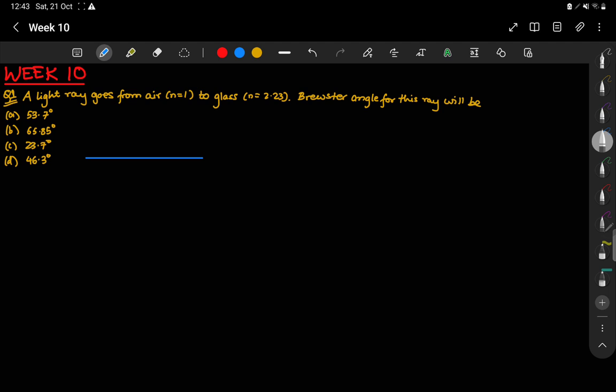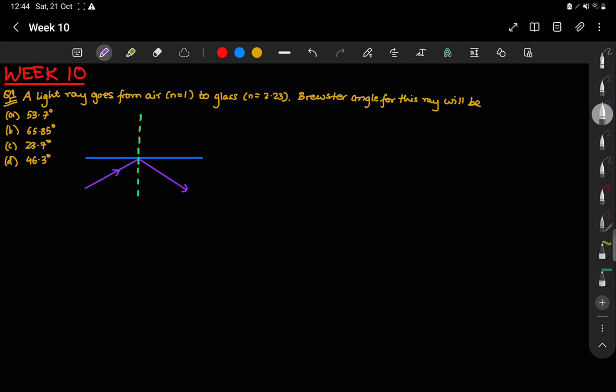So this is the interface, and then we have a ray coming in, then we will have a normal to this ray, and then we will have a reflected ray as well as a refracted ray.